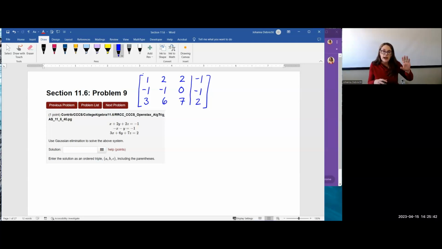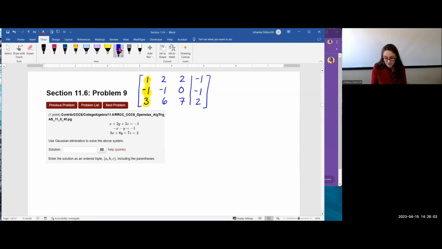So we're trying to get the first column fixed. So when I'm done, I want to be able to look at this column right here and have one number in the column and 2 zeros. And you'll notice that I've got this -1 in the middle. So that is the one that I'm going to use.